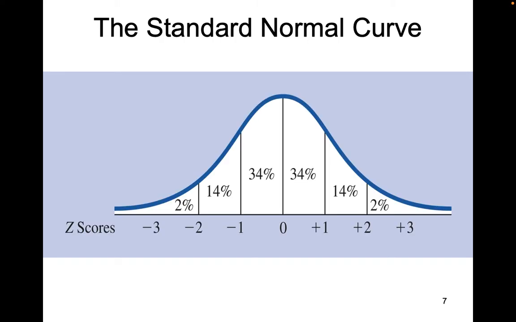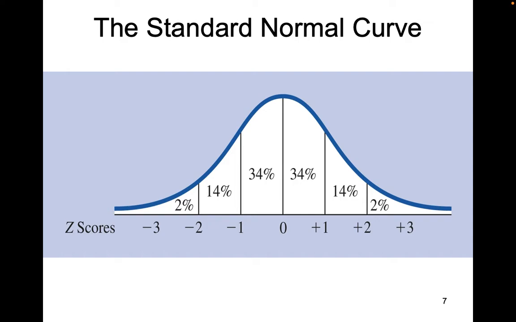We also learned about the standard normal curve. The normal curve is a mathematical or theoretical distribution, and it has several important properties. As we can see from the picture, it's bell-shaped. It also is unimodal. That means that there is a single most frequent score, the mode, and in a normal curve, the mode is equal to the mean.